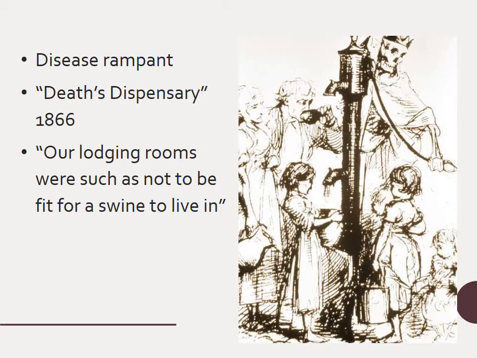Now, here is a report on the living conditions in 1842 that was done by the government. Now it reads, "Our lodging rooms were such as not to be fit for a swine to live in. In one house there were 16 beds in the room upstairs, and 50 slept in these beds at the same time. There was not a single flag or board on the lower floor, and there were pools of water 12 inches deep.